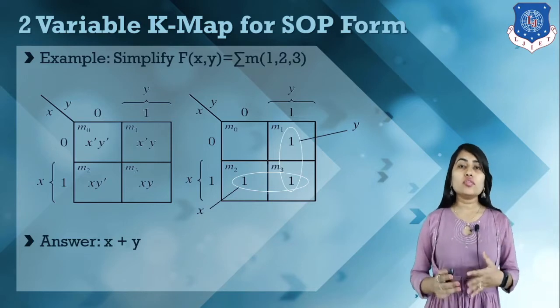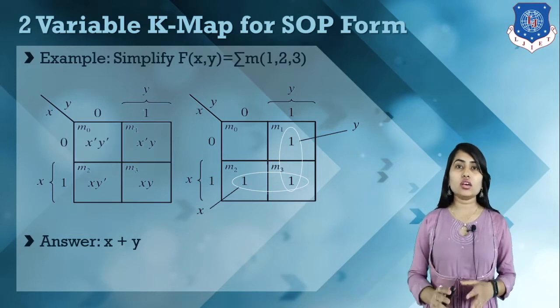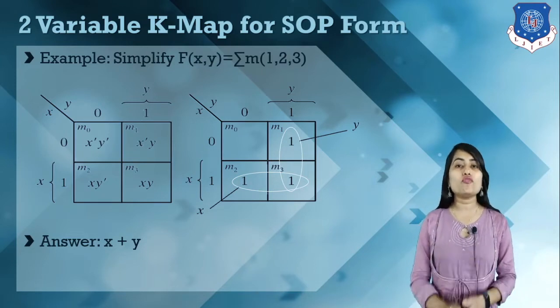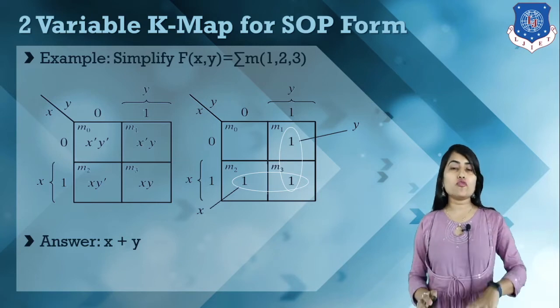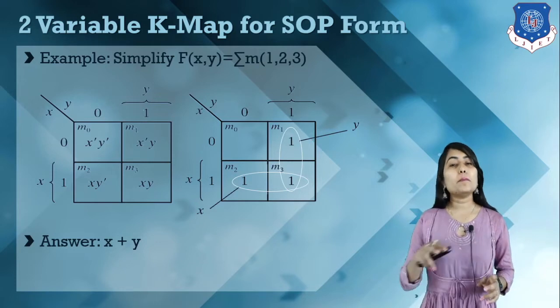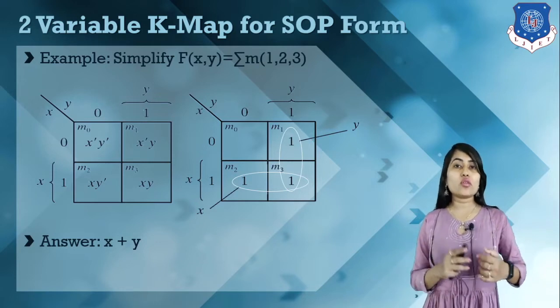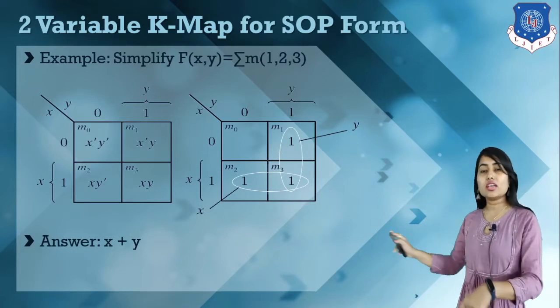Here we can combine the adjacent squares of 1. In SOP form we have to make groups of 1s which are adjacent, and by combining these 1s we can write our answer. We can make a group like this, and a group of 2 like this.